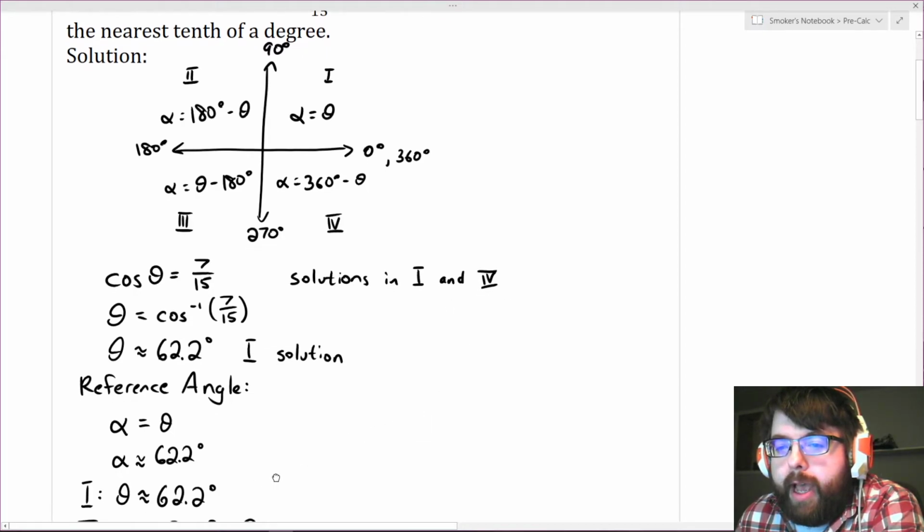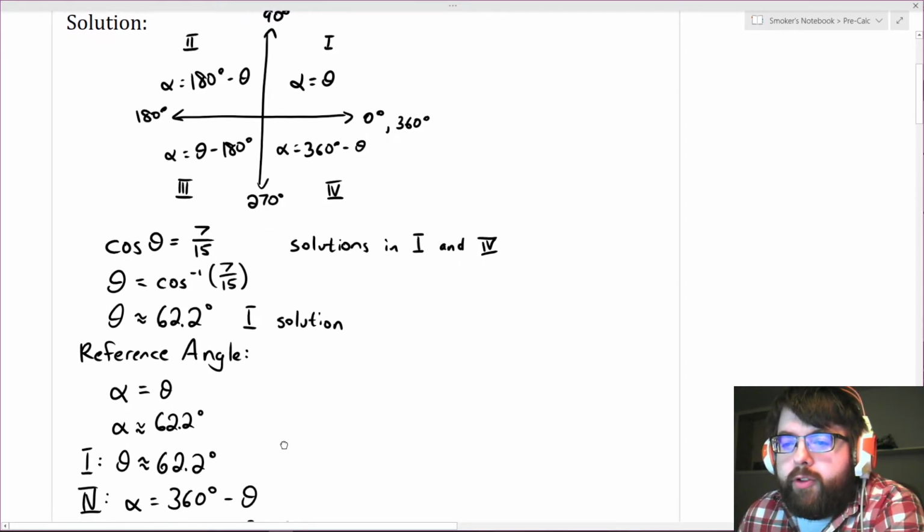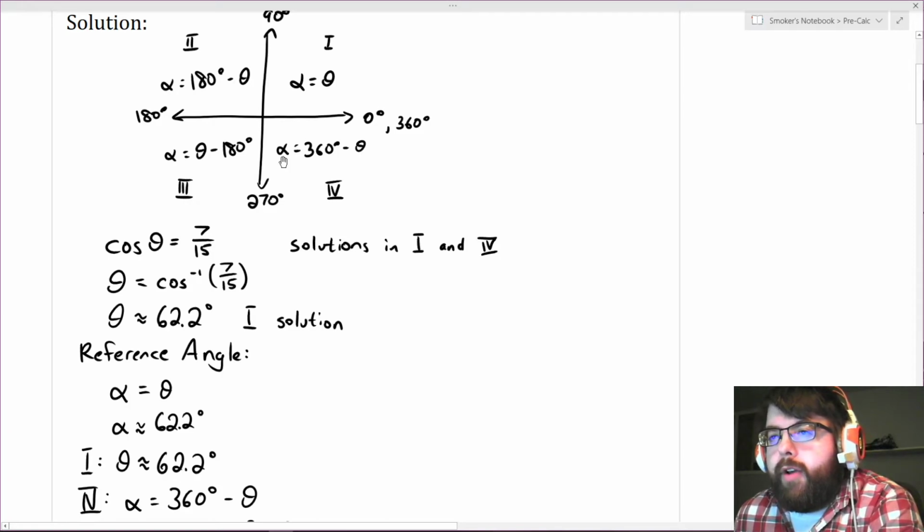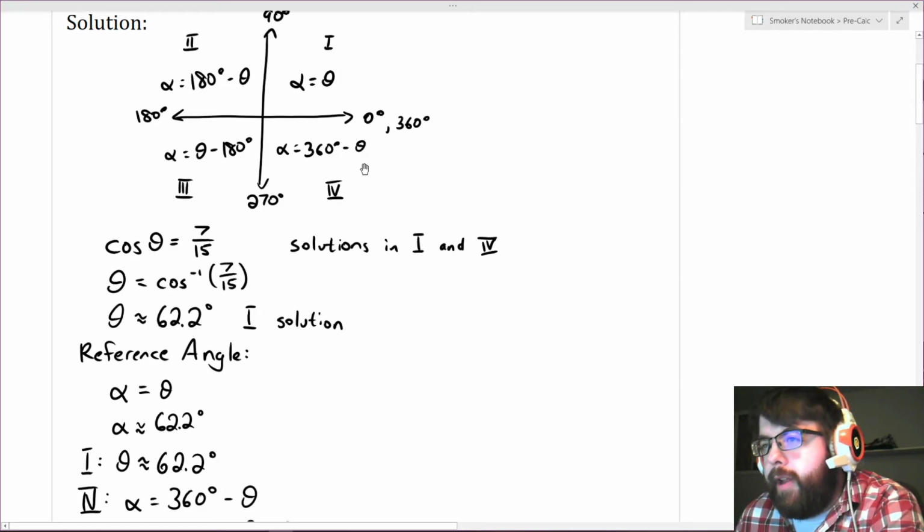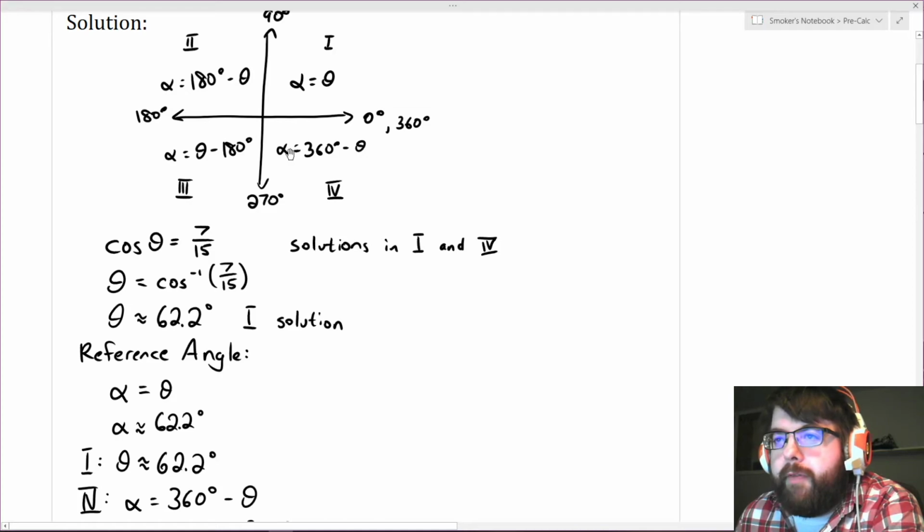So quadrant 1 we have. For the quadrant 4 solution, we're going to use this reference angle formula: alpha is equal to 360 minus theta. If I'm given a fourth quadrant angle, I can do 360 minus that angle to find the reference angle in the first quadrant.